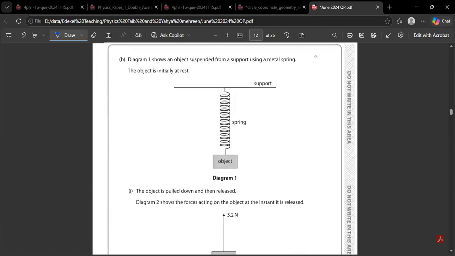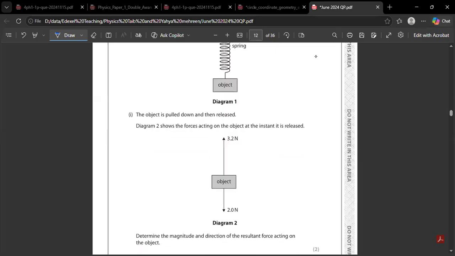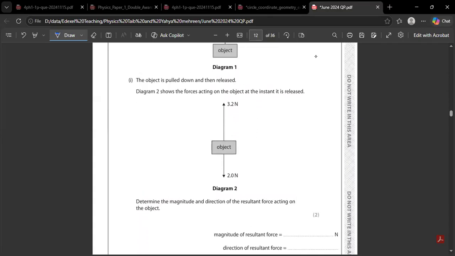Diagram 1 shows an object suspended from a support using a metal spring. The object is initially at rest. The object is pulled down and then released. Diagram 2 shows the forces acting on the object at the instant it is released. The force diagram is given in diagram 2.